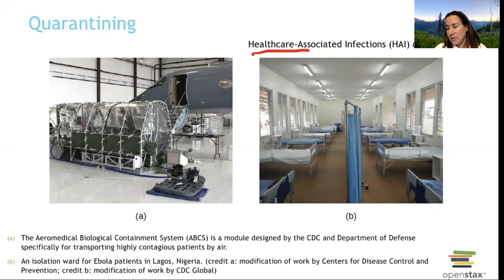Healthcare-associated infections, or HAIs, or nosocomial infections, are going to be the ones that you pick up. They're usually the superbugs that you might pick up in a hospital, like MRSA, methicillin-resistant staph, which is one of those hospital superbugs.